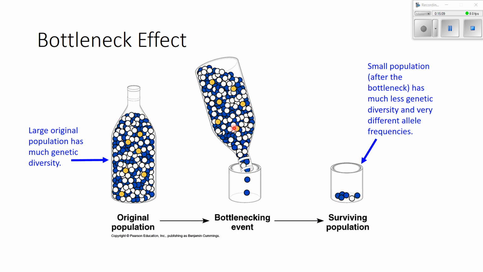It wasn't that natural selection didn't favor the yellow allele. It's just by chance, those few survivors that didn't go extinct, none of them happened to be the yellow ones. So that's called a population bottleneck. The small population after the bottleneck has much less genetic diversity and very different allele frequencies than the original population.